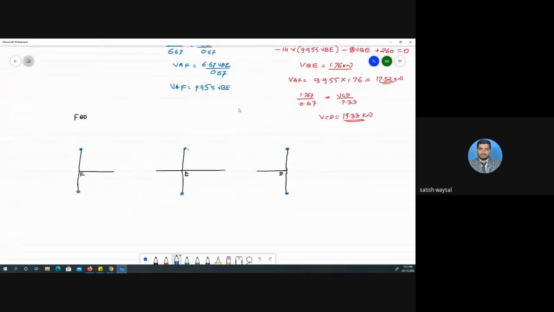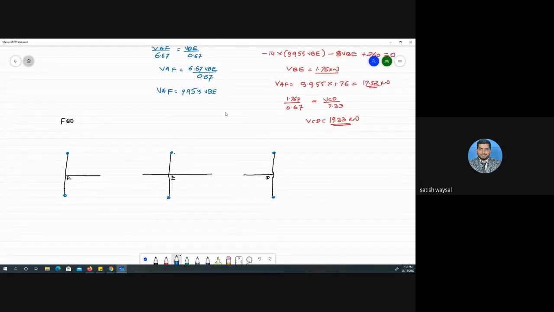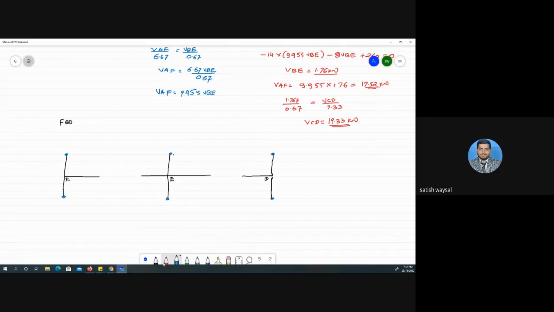VBE. This will be in a downward sense. This is also in a downward sense. This will be in an upward sense. This is 19.33. This is 1.76, and this force is 17.52. You check whether we are writing this correct or wrong. Then this will be for horizontal as well as for vertical. Okay, we'll show this vertical.